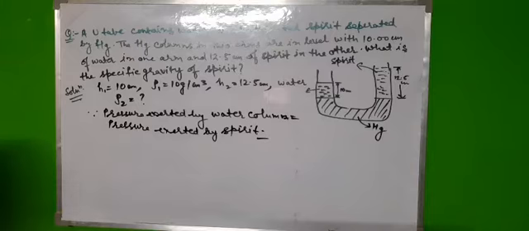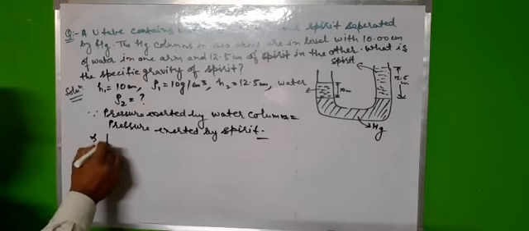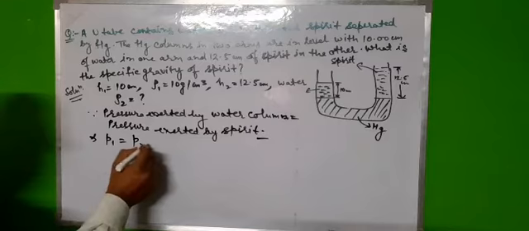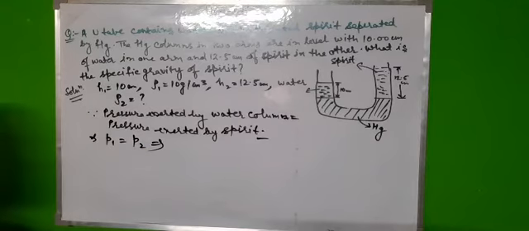So we can say that P1 is equal to P2, and if P1 is equal to P2, then ρ1 g h1 is equal to ρ2 g h2.